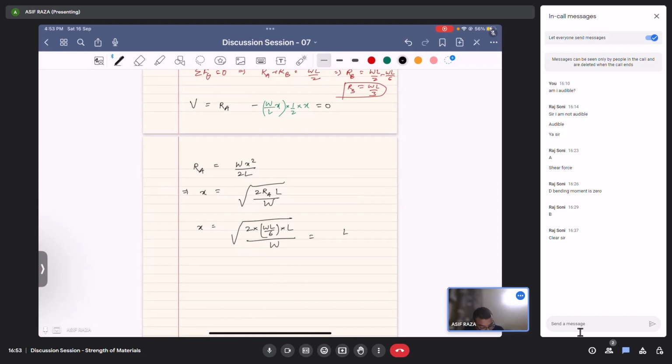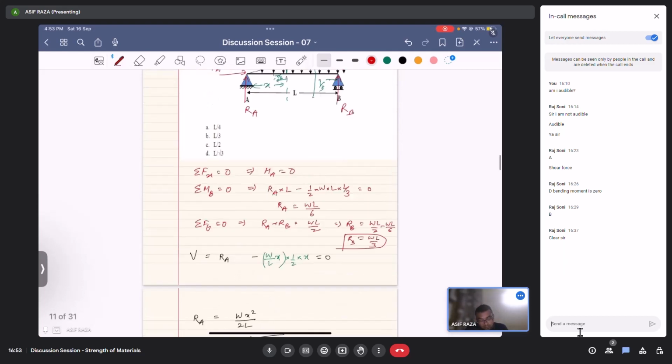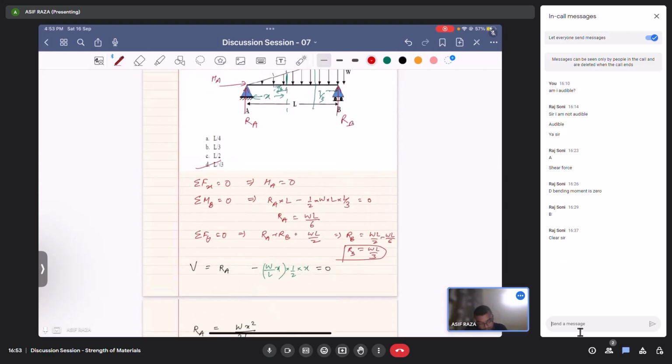This would give me L square by 3 root. This would imply L will come out to be L by root 3. Okay, so the correct answer is option D, L by root 3.